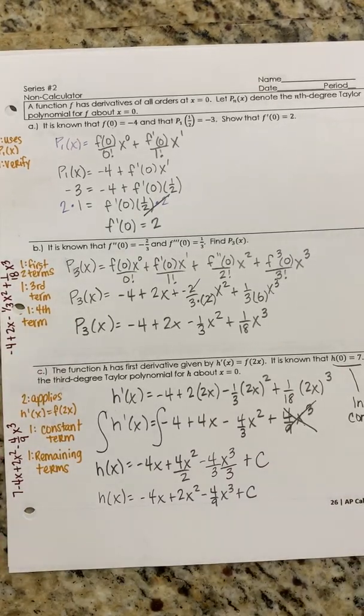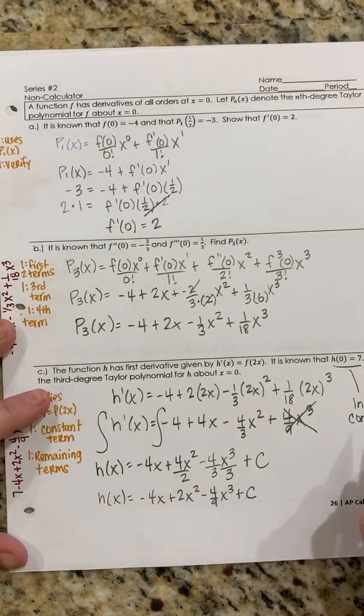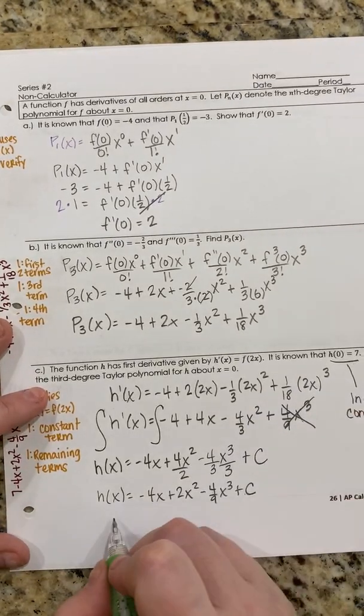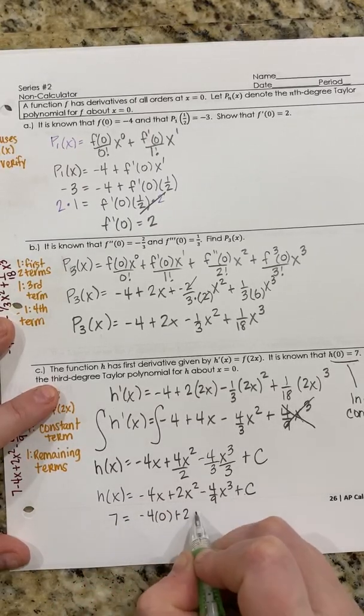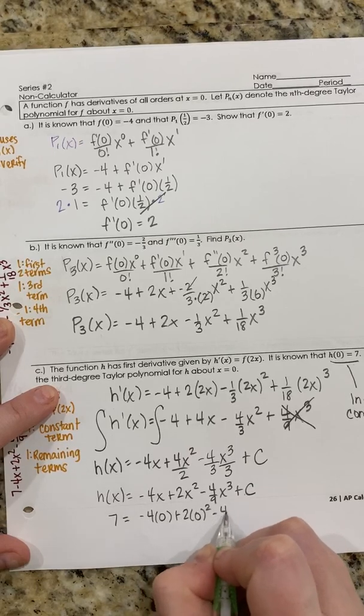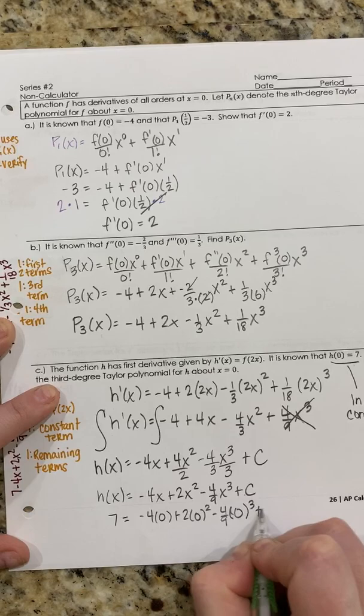And the reason they gave me an initial condition is so that I could plug in the initial condition and solve for c. So h of 0 is 7, so this is going to be 7 equals negative 4 times 0 plus 2 times 0 squared minus 4/9 times 0 cubed plus c.